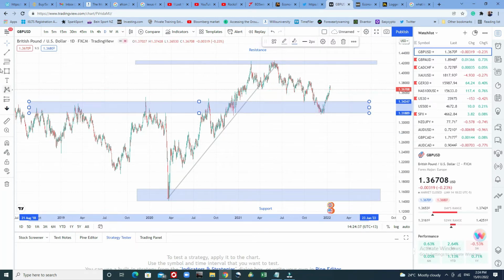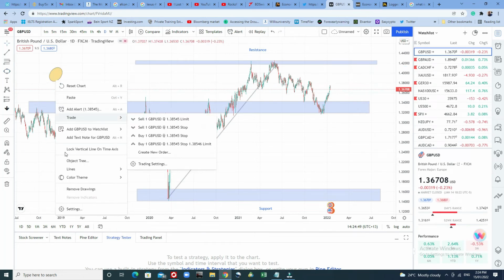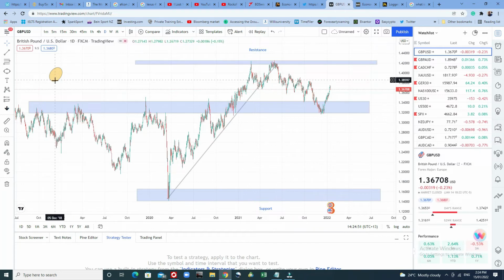If you pay attention to what the market is doing, you will discover that there's something happening around this. I want to clone this so that we can have a very good picture of what we want to do.